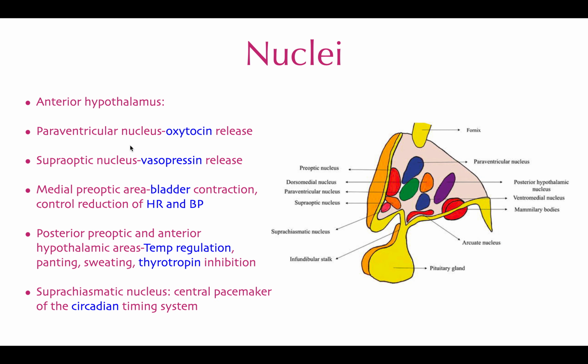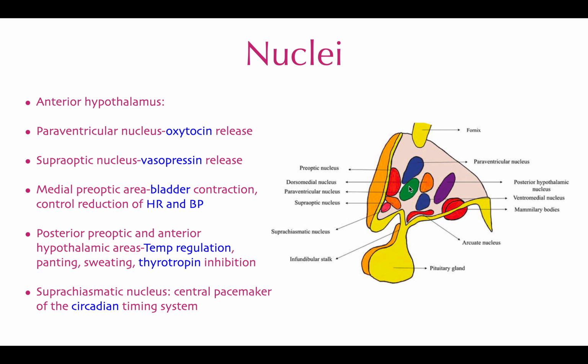Okay, so the anterior hypothalamus is made out of the paraventricular nucleus, which is going to be responsible for the release of oxytocin. The supraoptic nucleus, which is responsible for vasopressin. The medial preoptic area is going to be responsible for bladder contraction along with the control of the reduction of the heart rate and blood pressure.